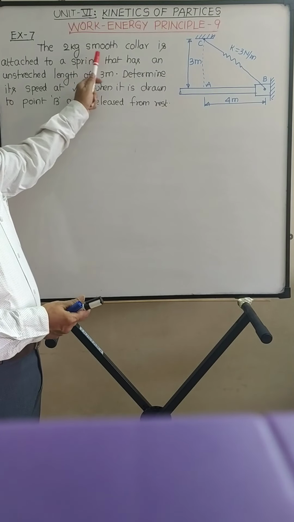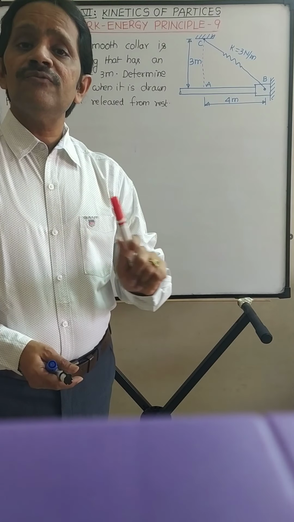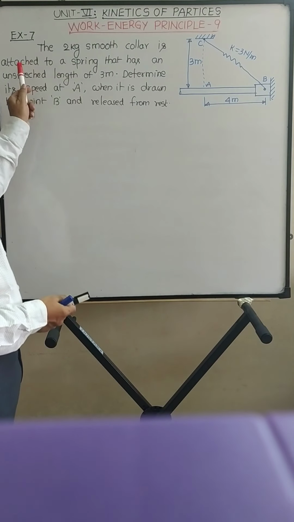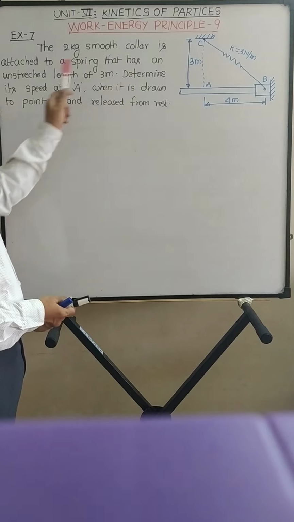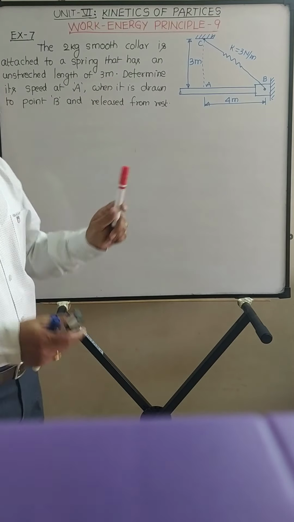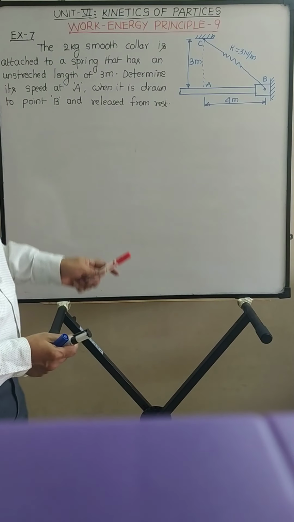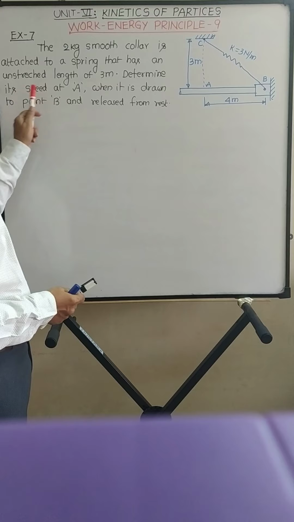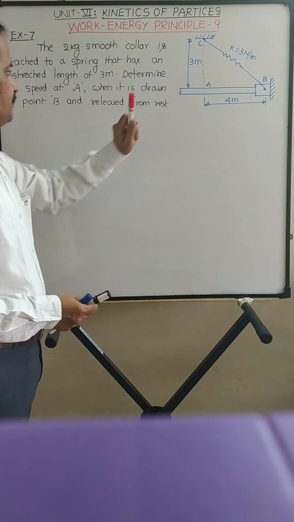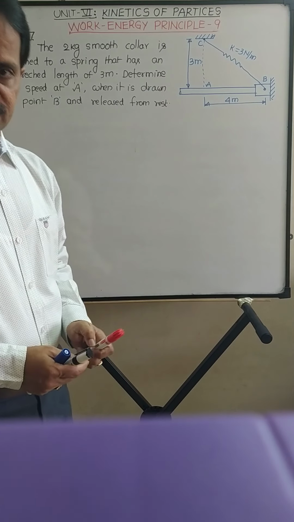The 2 kg smooth collar, which means there is no friction, is attached to a spring that has an unstretched length of 3 meters. Unstretched, original or undeformed length is 3 meters. Determine its speed at A when it is drawn to point B and released from rest.